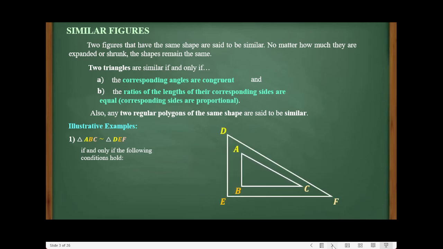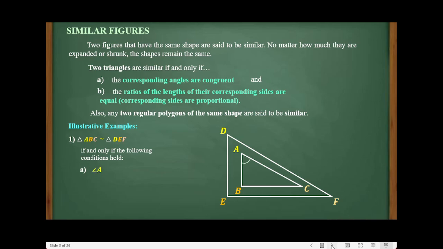What we just did here is we placed the smaller triangle inside the bigger triangle in order for us to properly pair their vertices. So again, if and only if the following conditions hold.